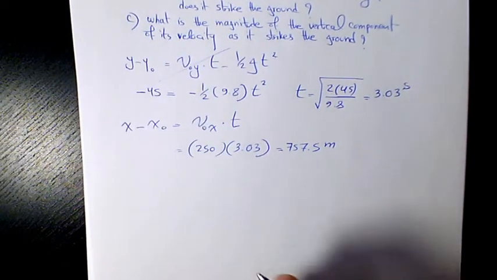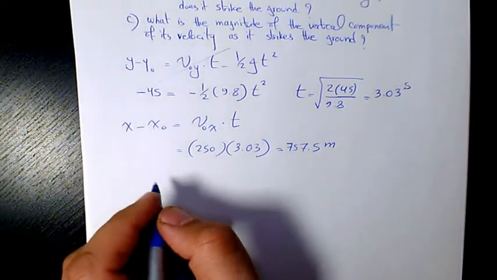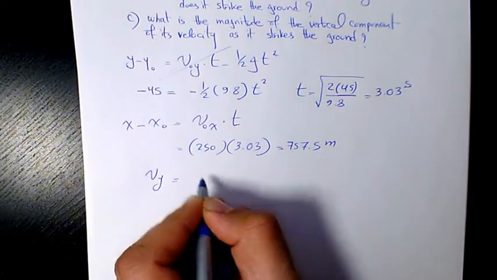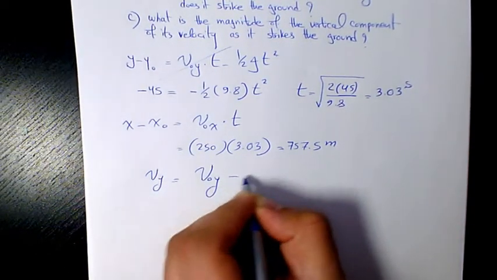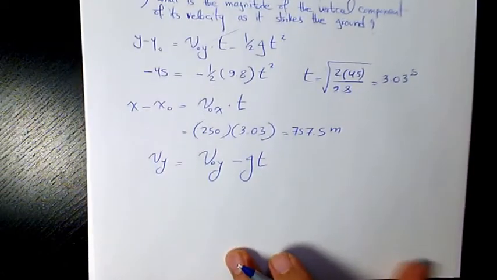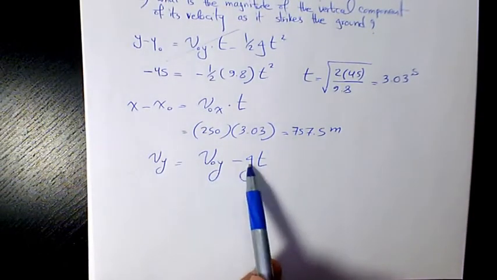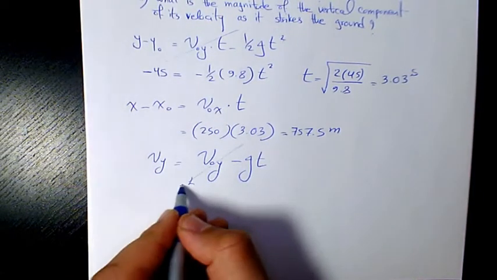Next one, what is the magnitude of the vertical component of its velocity as it strikes the ground? We can say vy equals v naught y minus gt, which is the initial velocity in the y direction minus gt. We know this part is 0.